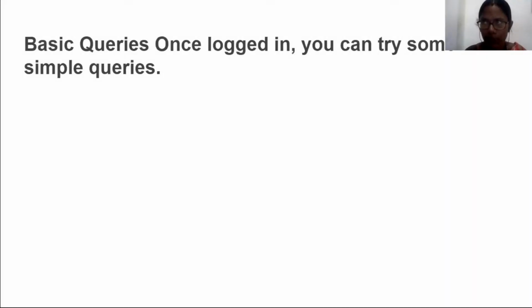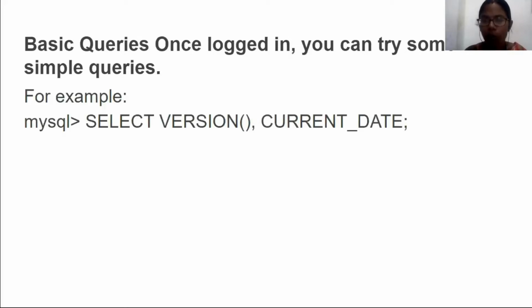And here we are going to see very basic queries once you have logged in. The first query is finding out the version of your MySQL. During installation, you might have checked your version, and after installation, if you want to verify that version, you can check it, and you can even check the current date. So I have given two commands.